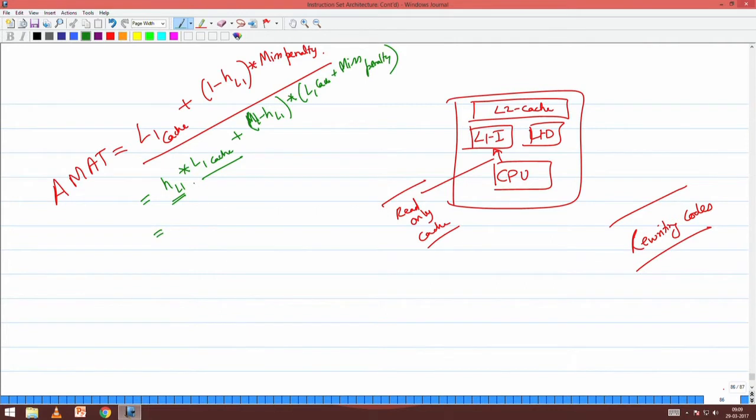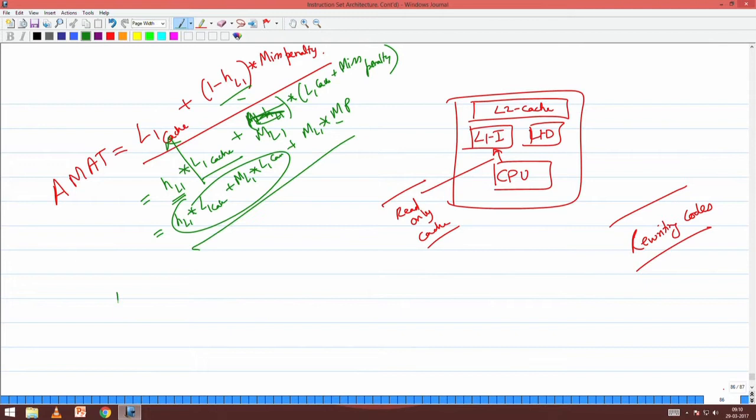Now this basically gives you H of L1 into L1 cache time, or we can have it as miss ratio M of L1: M of L1 into L1 cache plus M of L1 into miss penalty, whatever MP. So this actually becomes L1 cache, while this becomes 1 minus HL1. This basically gives us a recurrence equation, so I can now go L2 cache, L3 cache, L4 cache and so on.